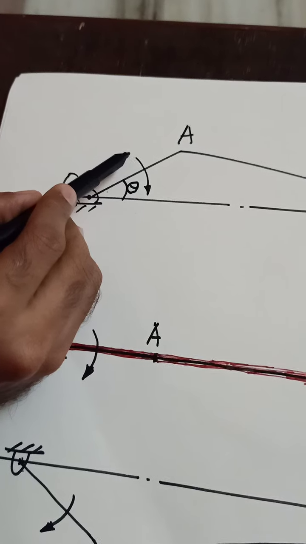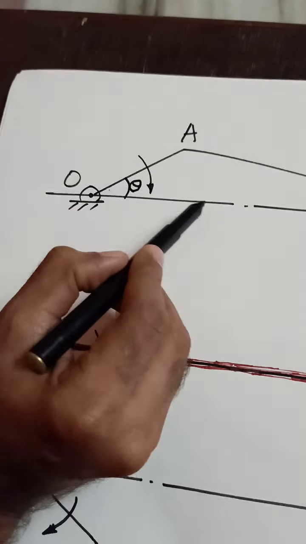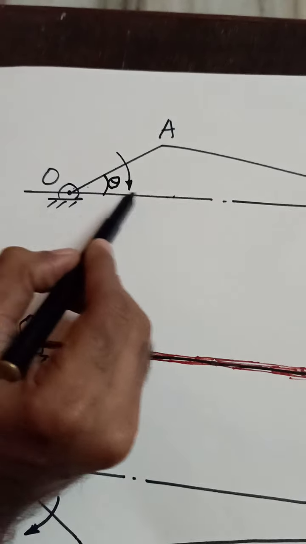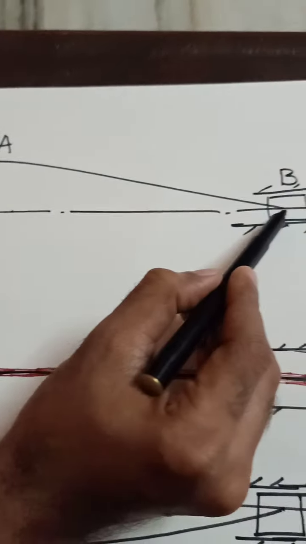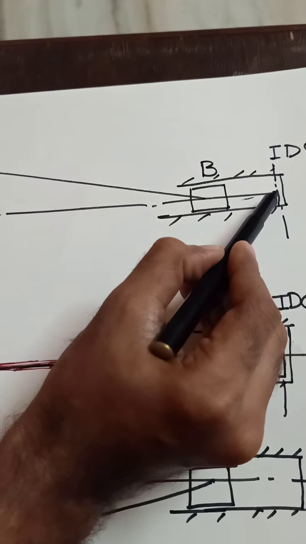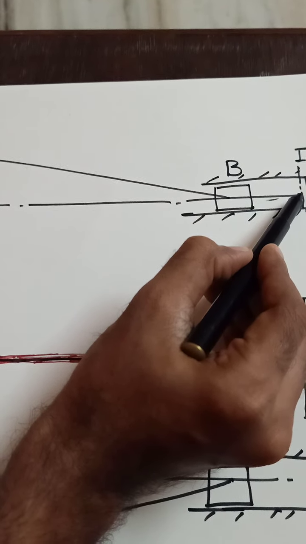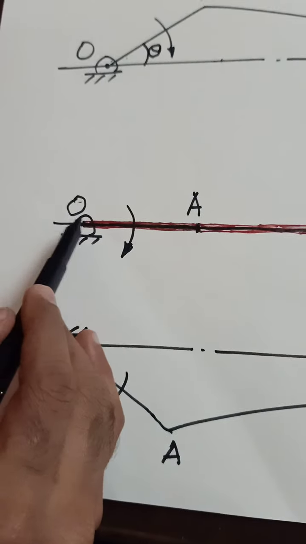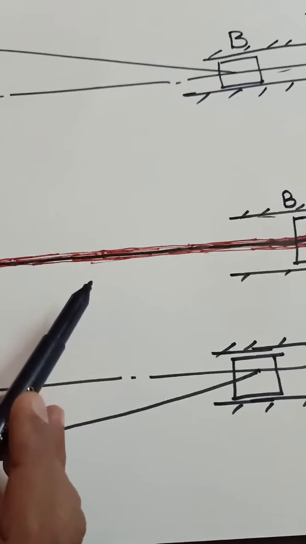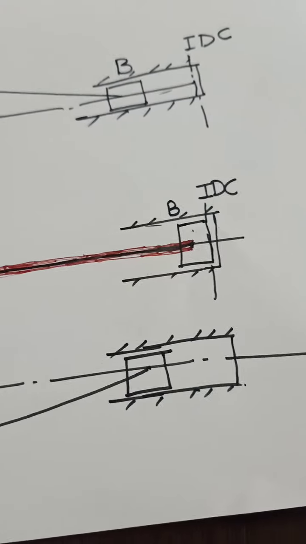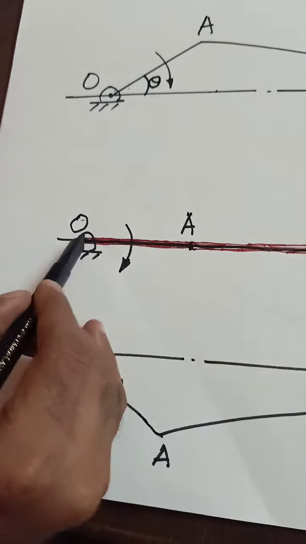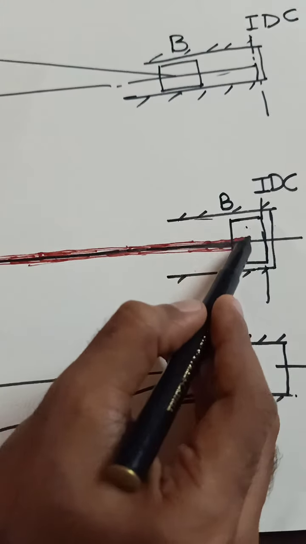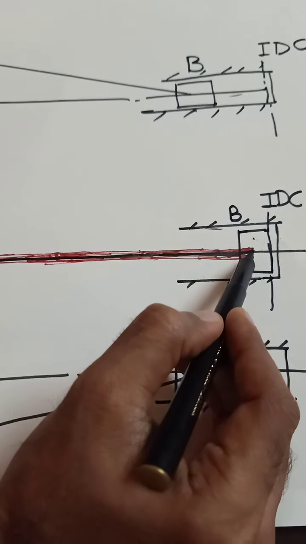Now when this crank becomes horizontal, the slider will reach its inner dead center. So the second position here shows the inner dead center position of the slider. The crank becomes horizontal, this will be the position of the connecting rod, and the slider is horizontal.